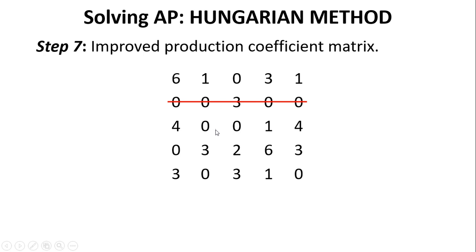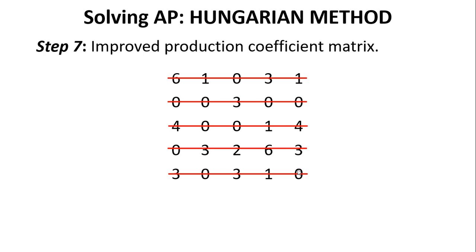Then we look for a column or row with the greatest number of zeros. We have rows or columns with 2 zeros, so we cross the next row, then we cross that one, and the last one is that. So here we end up with the optimal solution because the number of lines is equal to the order of the matrix.